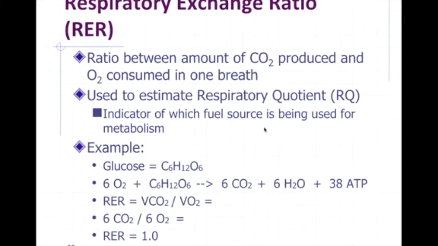So let me walk you through an example that I think might help. When we have glucose being metabolized, remember glucose is a carbohydrate, and its molecular formula has 6 carbon atoms, 12 hydrogen atoms, and 6 oxygen atoms, C6H12O6. This is literally just the chemical structure of glucose itself.